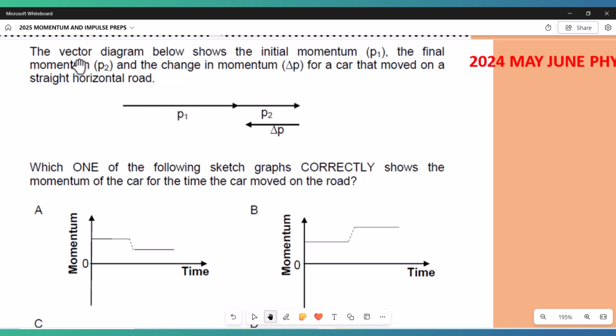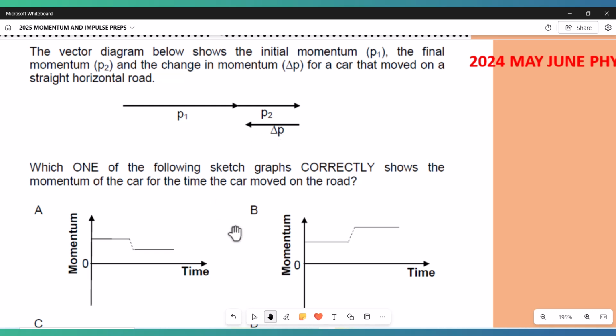So this is P initial, P final, change in momentum.